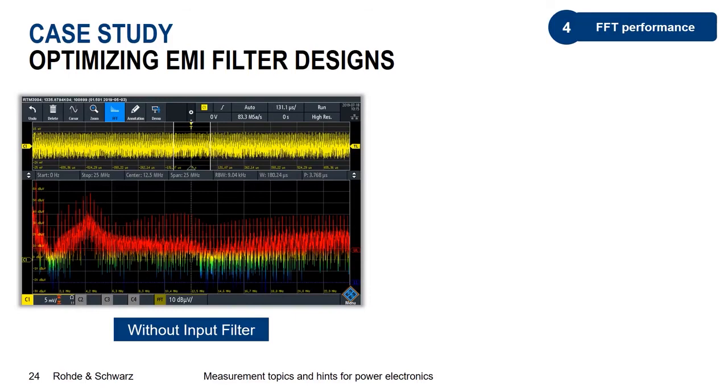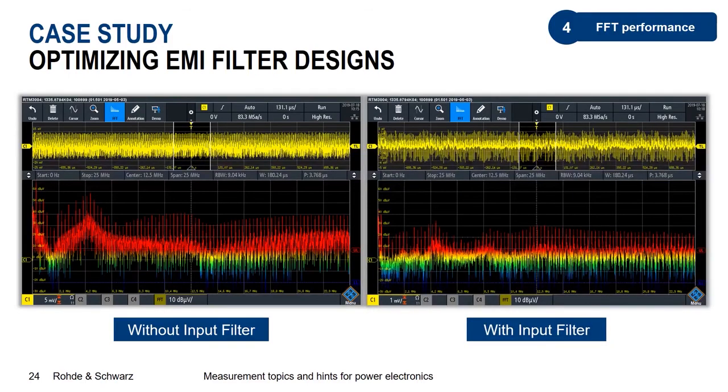On the right side, you can see the measurement with the input filter, so the EMI filter. Obviously there is an effect, as there has to be. But now you can look at the details, change something in the filter and understand the effect on the conducted emissions.